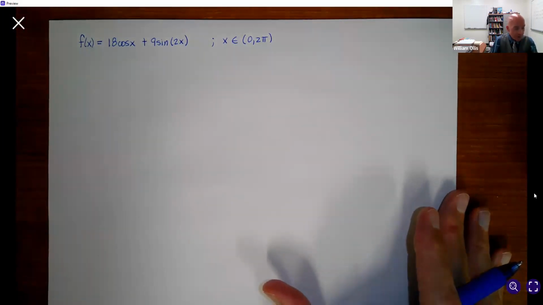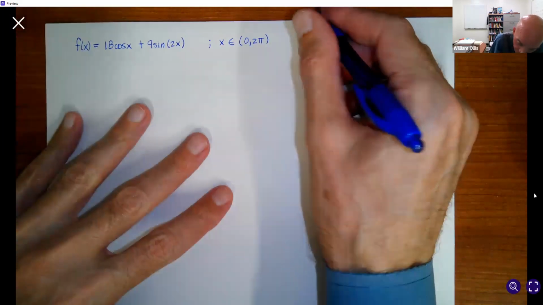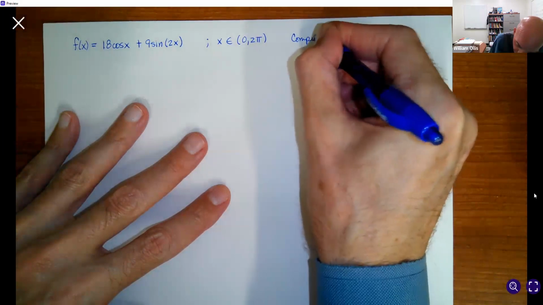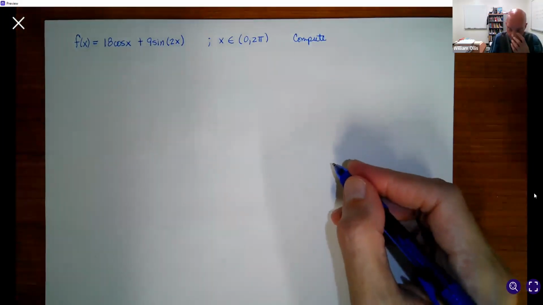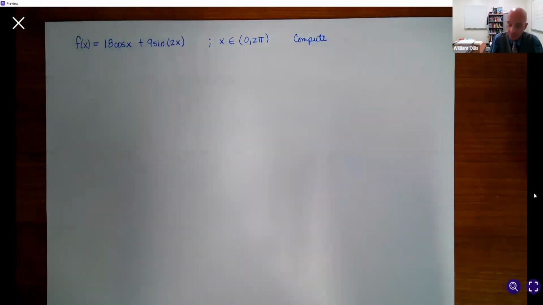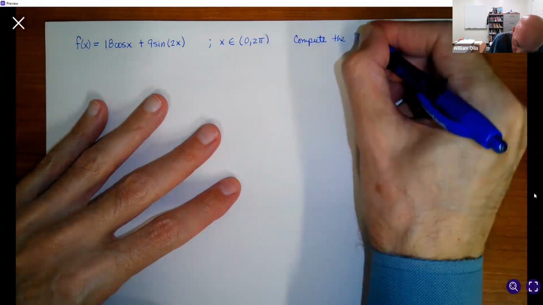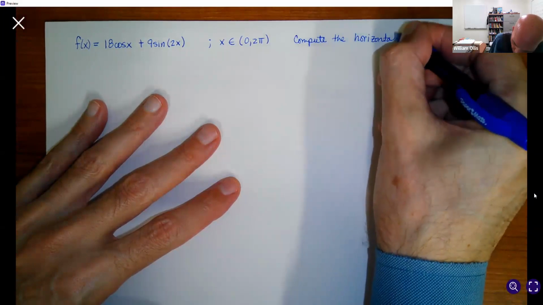So what the problem asks for here is, if I see this, compute, just like we did on the last one, even though I didn't take it to the very end, I was just doing the extra work to get you ready for this. And there's a lot of algebra when you're looking for horizontal tangents. So compute the horizontal tangent. So this is a problem where they say they exist. So look for it.